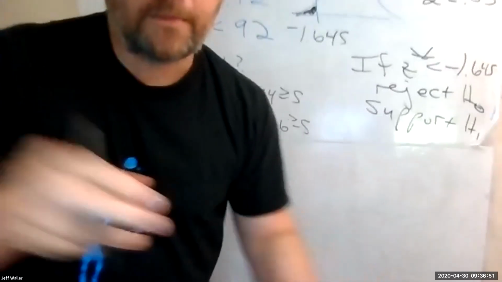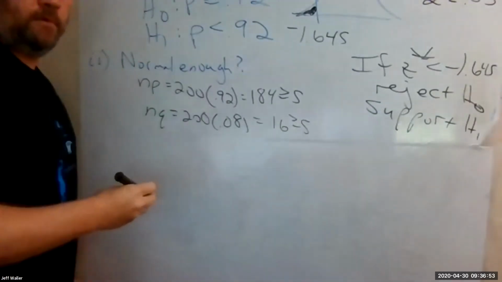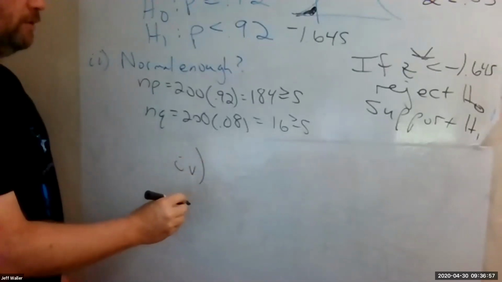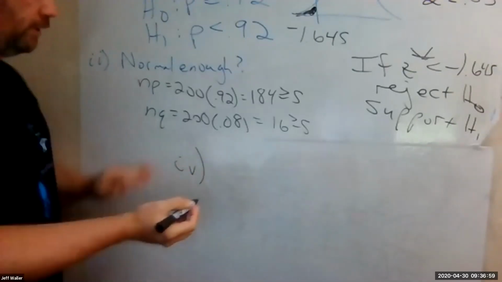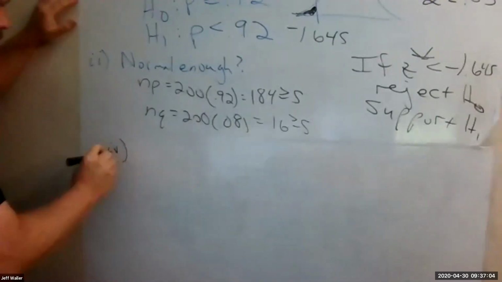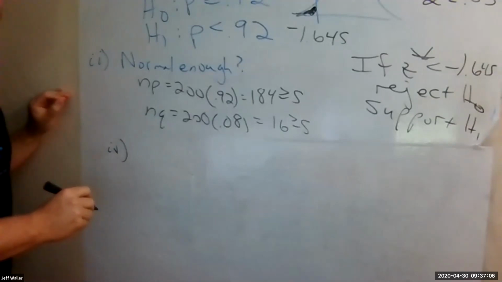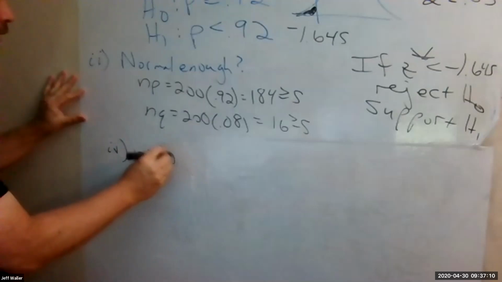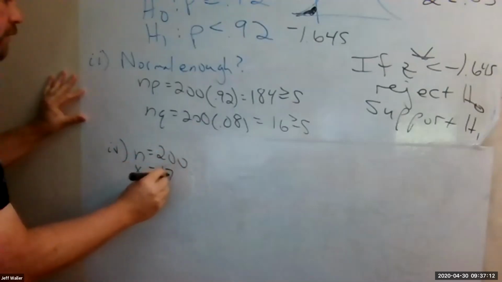Okay. So now step 4, I want to calculate what Z star is. Why do I put it way over there? Because I don't have any room over here. That's probably why. Okay. So what do I know? So I got N is 200. X is 174.